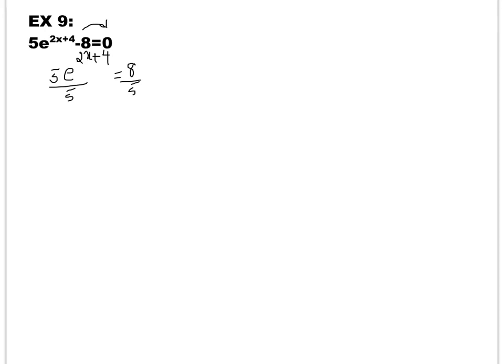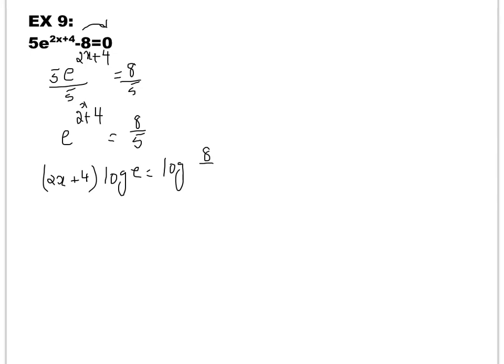I'm going to get e exponent 2x plus 4 is equal to 8 over 5. Now I'm going to take the log of both sides. Again, the exponent comes down, so I'm going to write 2x plus 4 times log of e is log of 8 over 5.